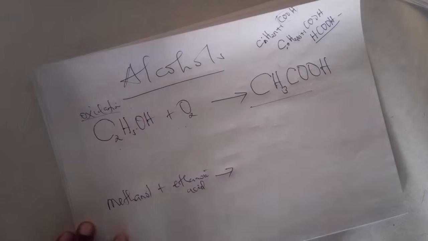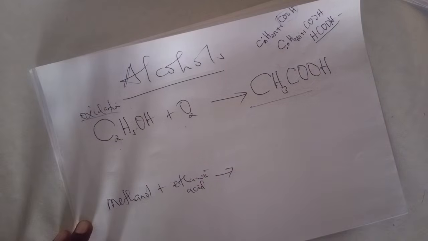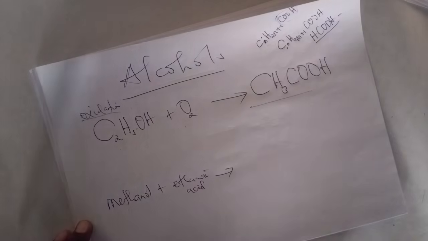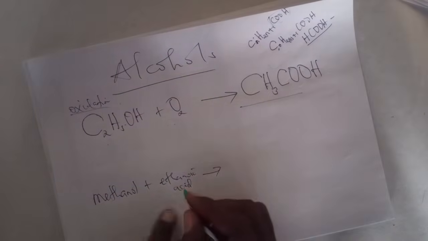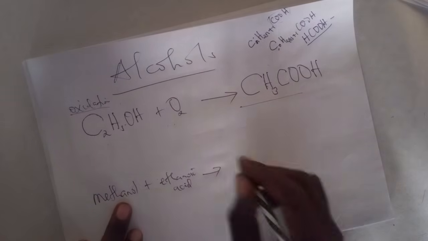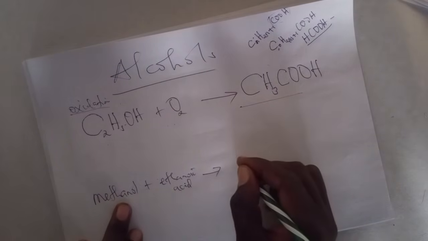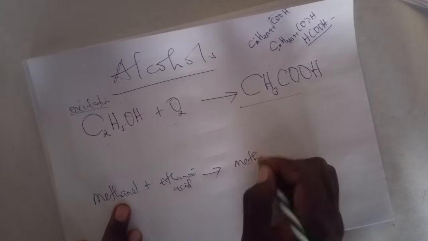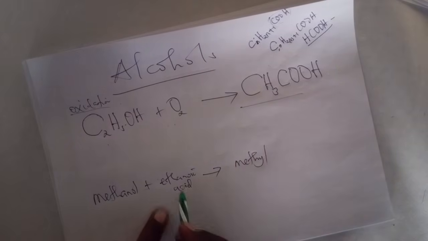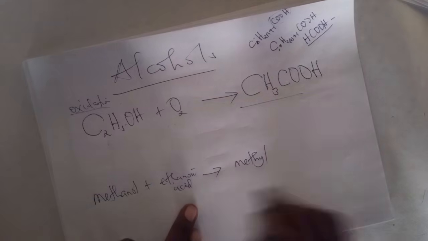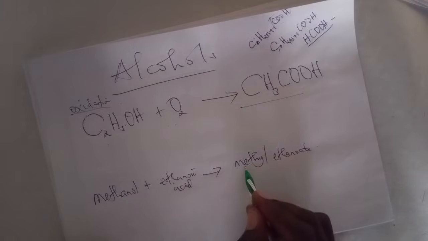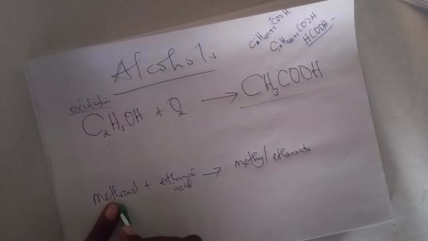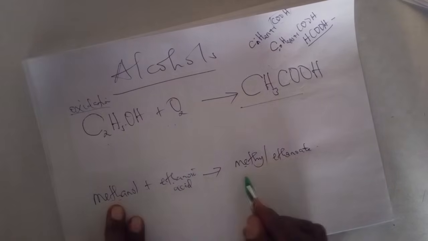Well, what you need to understand is that there is an order that should be followed when naming esters. So the esters are named following this order: you start with the alcohol. What is the name of the alcohol? Methanol. So you name methanol as methyl. Okay? Methyl. The acid is ethanoic acid. This changes to ethanoate. That is the order that you use to name esters. So methanol plus ethanoic acid gives the product, which is an ester.